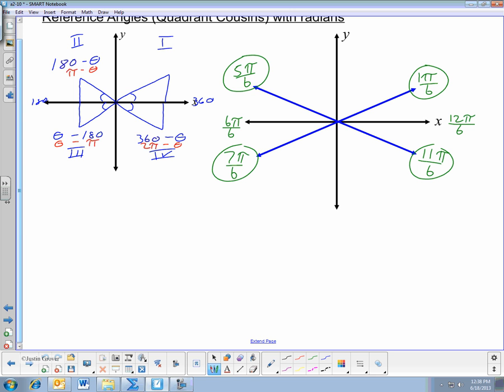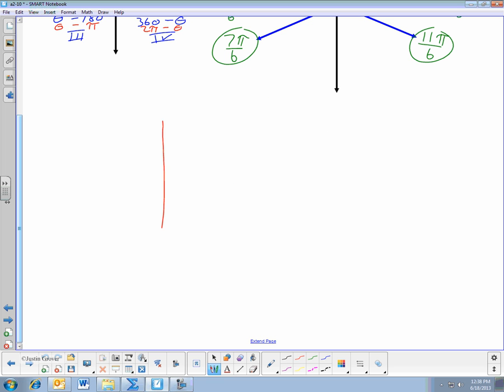Like, say I was given, I don't know, let's pick a random angle here. Let's say we have an angle of 3 pi over 4. Now, first of all, I could tell what quadrant that is, because if I'm doing pi over 4, I know 180 is going to be 4 pi over 4.